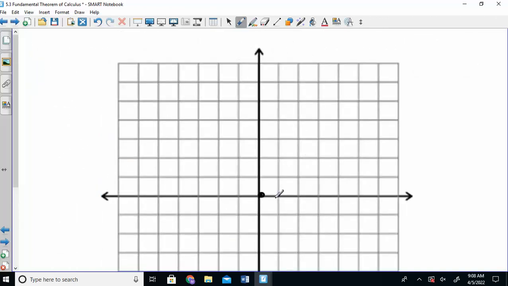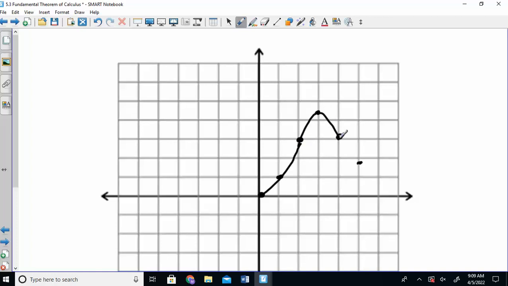We had 0, 0; 1, 1; 2, 3; 3, 4.3; 4 was back down to 3; and 5 was a 1.7. Then we just make a curve connecting these.